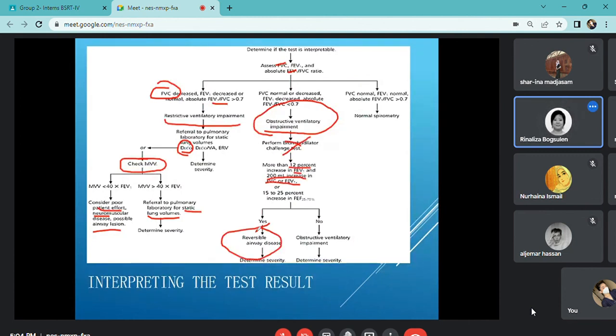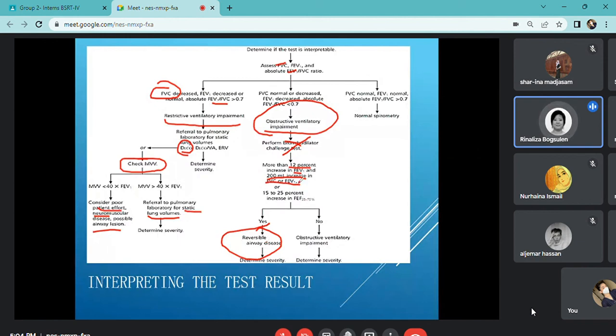Ulitin ko. If you see a 12% increase in your FEV1 and a 200 ml increase either in your FVC or FEV1, then you can say that there is a reversible airway disease.